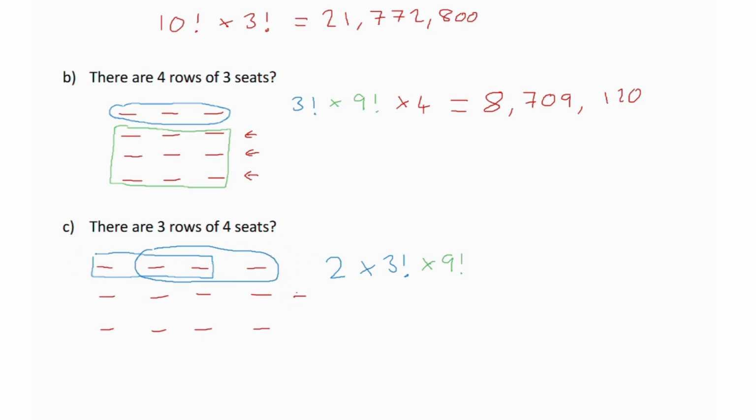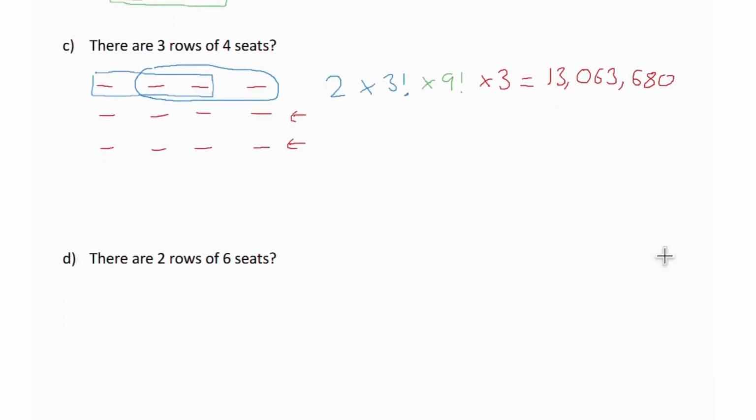They could have been in the second row or indeed the third row. So there are 3 possible rows they could have been in. So we need to multiply all of that by 3. And again, hopefully you can see that whichever row they were in, the 2 times 3 factorial times 9 factorial is going to be the same. That gives a total of 13,063,680.